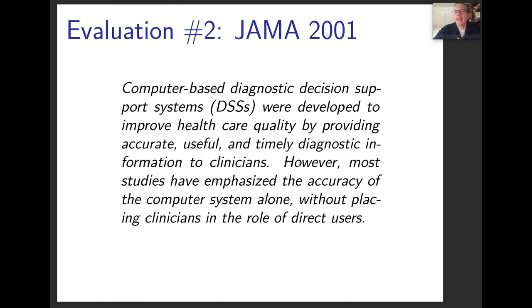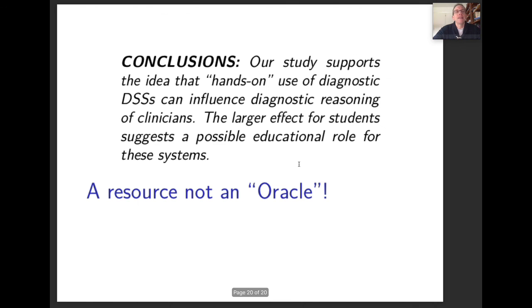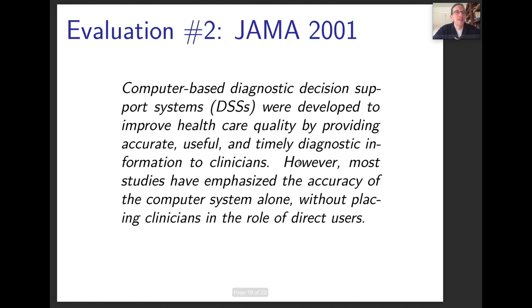So he designed a study that was looking at the interaction. Does the computer help the clinician perform better than the clinician without it? In this case, they took 2 of the systems: QMR, which is the heuristic rule-based approach, and ILLiad, the Bayesian approach.